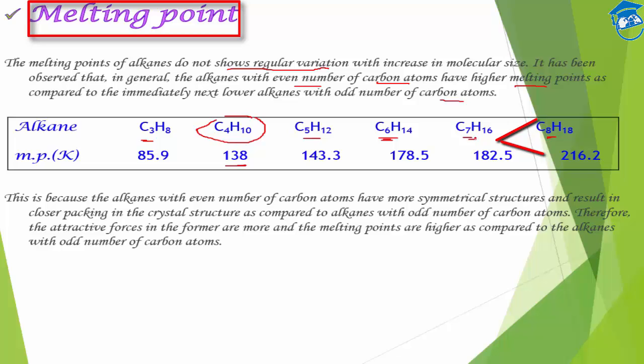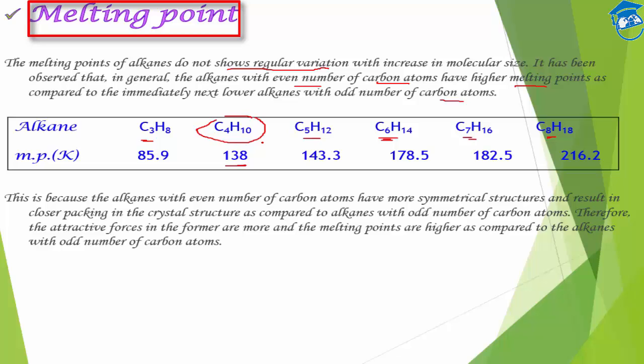And why is this phenomenon observed? The even structures will be symmetrical. They will have more symmetry as compared to the odd structures. That's why they pack better. Melting point is about how they are packed, so the melting point will be decided upon the packing.